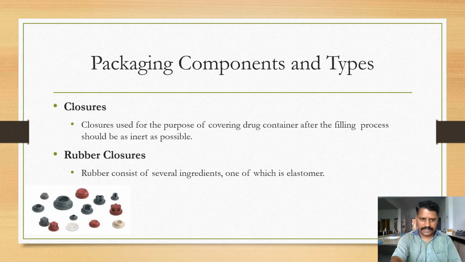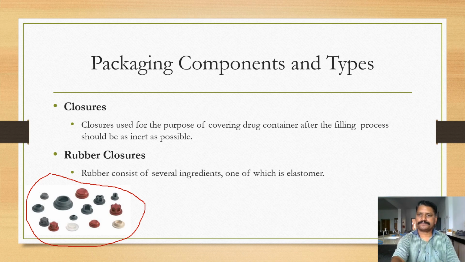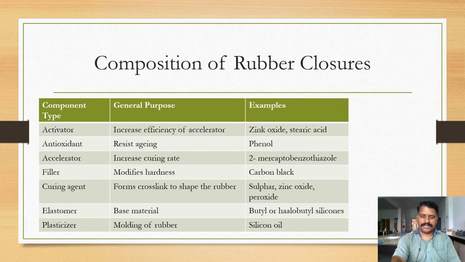So you can see here the different colors generally used for making these rubber closures. Now the composition of the rubber closure: components, type, general purpose and examples. The first is the activator.